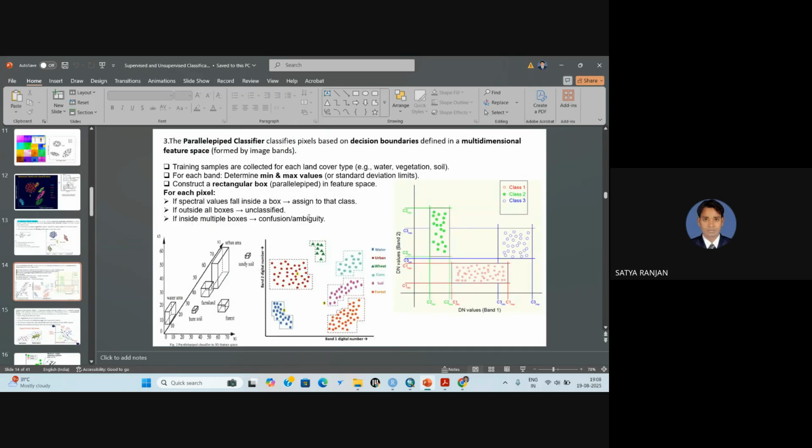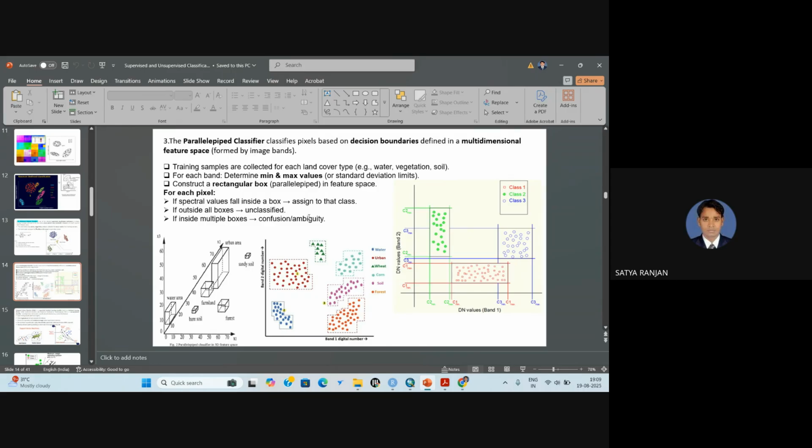Then parallelepiped classification. It classifies pixels based on decision boundaries defined in multi-dimensional feature space. Training samples are collected for each land cover type, that is water, vegetation, and soil. Then for each band, determine the minimum and maximum value, like a minimum of 10 or 15 and a maximum of 240 or 230.